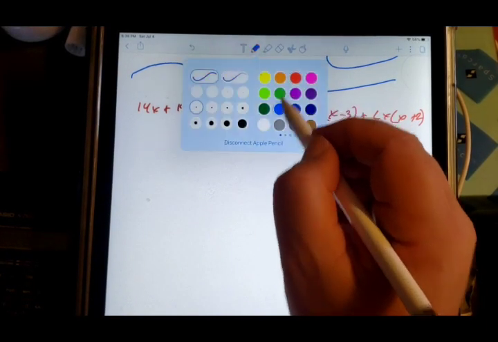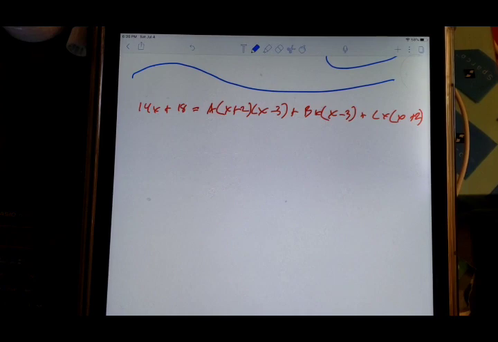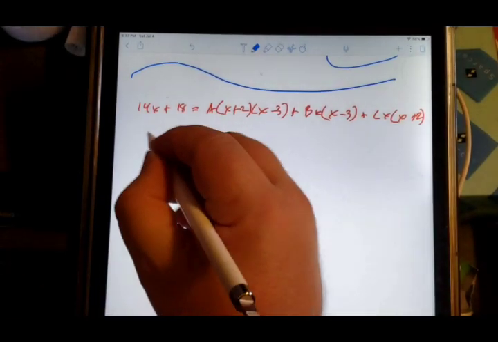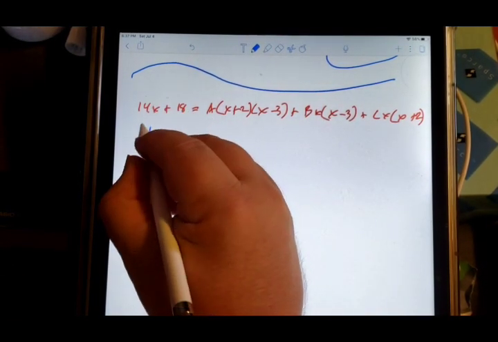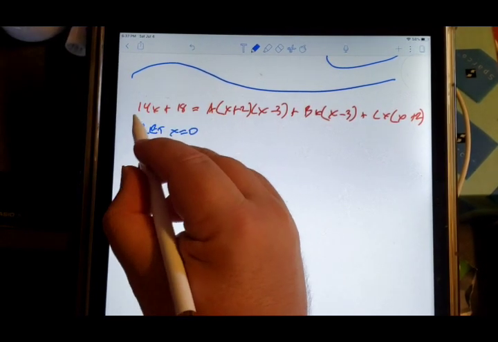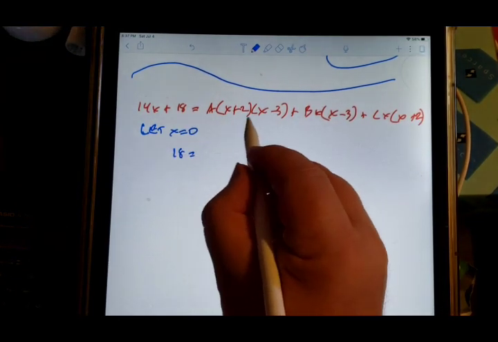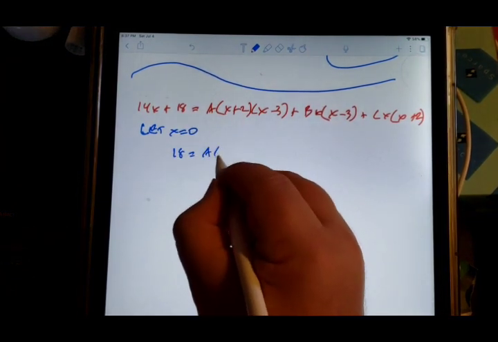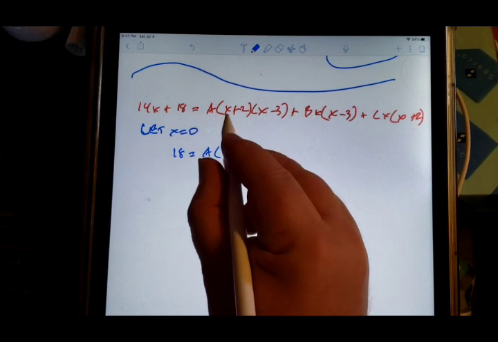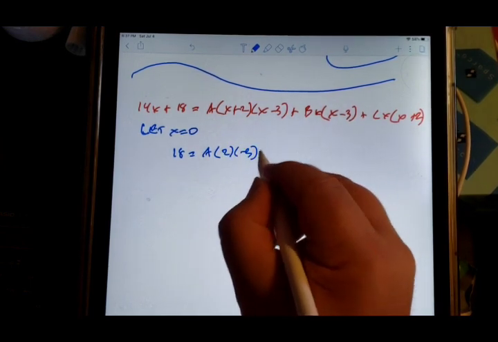So I could put in 0, but a little 0 would just retread. Well, let's do it. If I let x equal 0, I think I'm going to find something I already found. If I let x equal 0, this would cancel. I just get 18. Nothing would cancel here, so I'd have a times 0 plus 2 is 2, and negative 3.